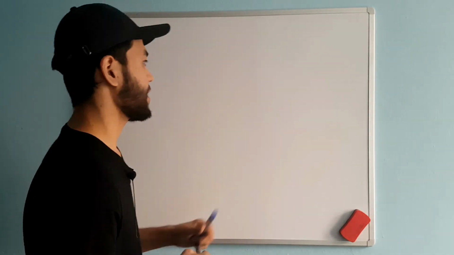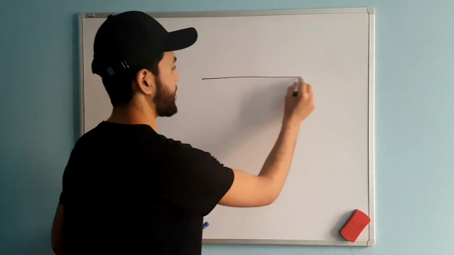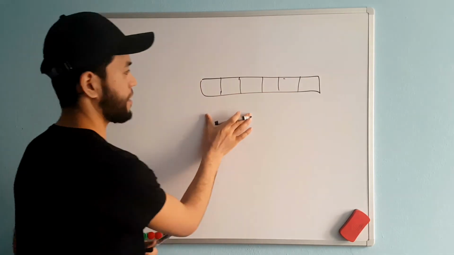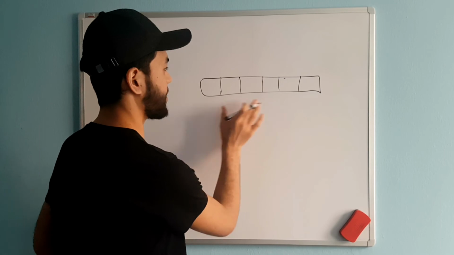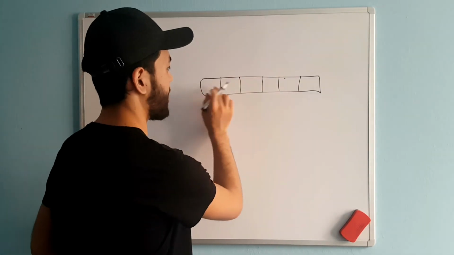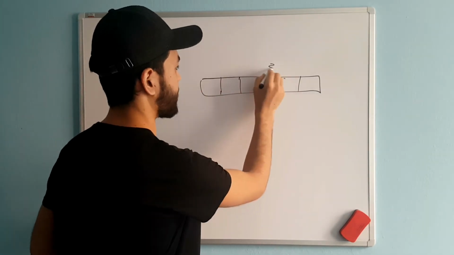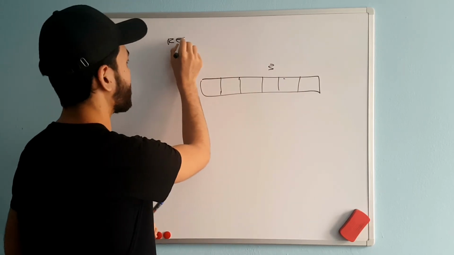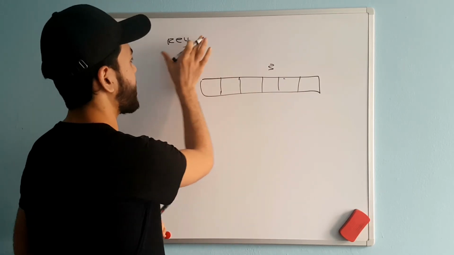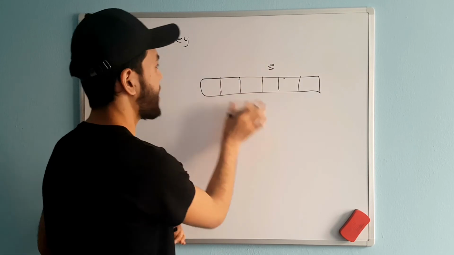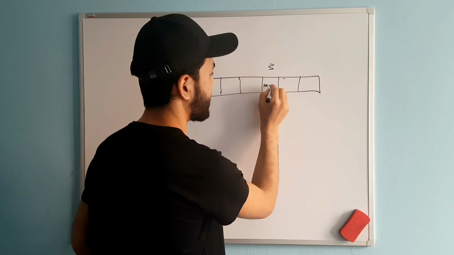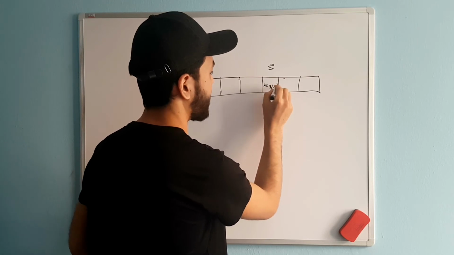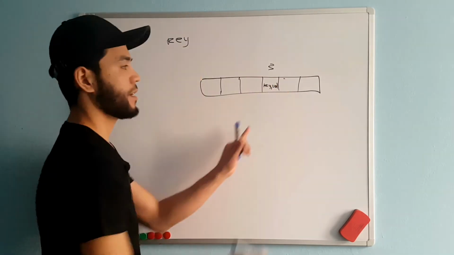For example, imagine I have an array. Whenever we use the hash function and it gives, for example, the address 3, meaning we give the key to our hash function and it returns 3, then we store the key and also the value there.